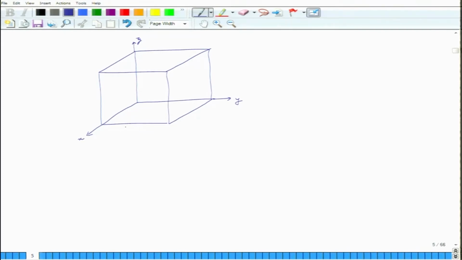Now let us say I would want to draw a plane here. Let us say this is the plane, okay, or let me just draw it in green. This is the one. This is a unit cell whose intercepts we need.